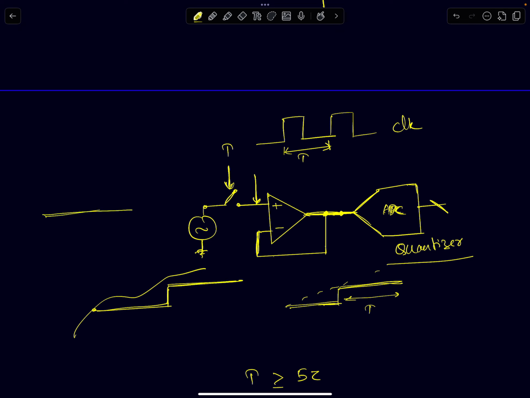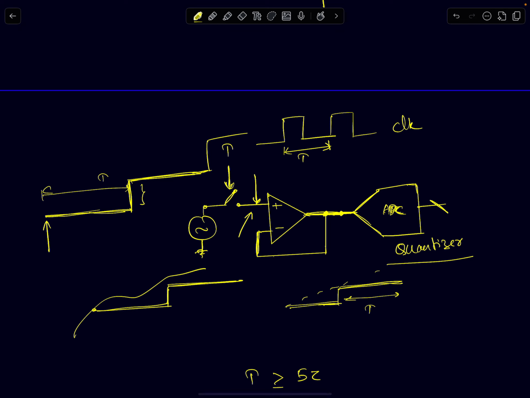It will remain constant for one whole time period, and then suddenly it will change to a different value, and so on. That's what sample and hold is. You sample at this instant and hold that value for the entire time period. So it more or less will look like small step inputs at this comparator's input.